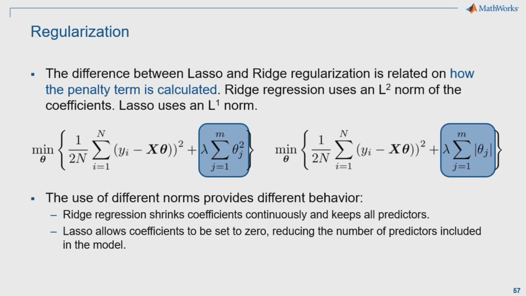The same minimization problem as before for linear regression is this time modified by adding a penalty term, which in one case is a lambda parameter, which is typically a positive value, multiplied by the norm of your parameter vector, which is the sum of the squares of the parameters.